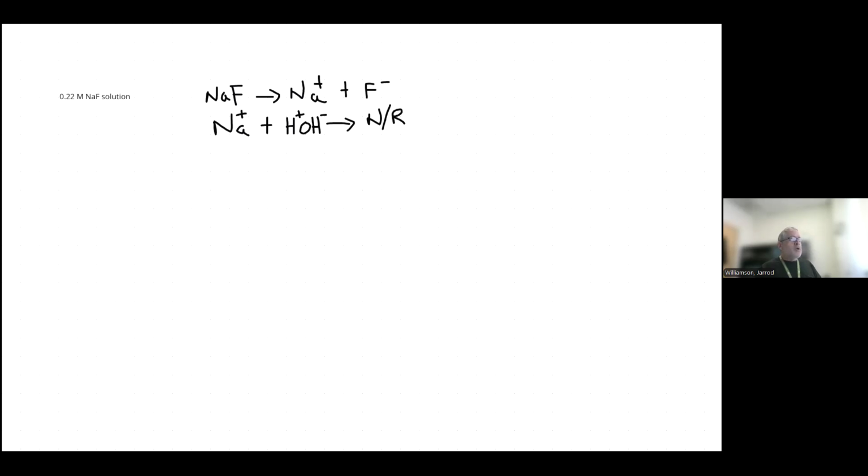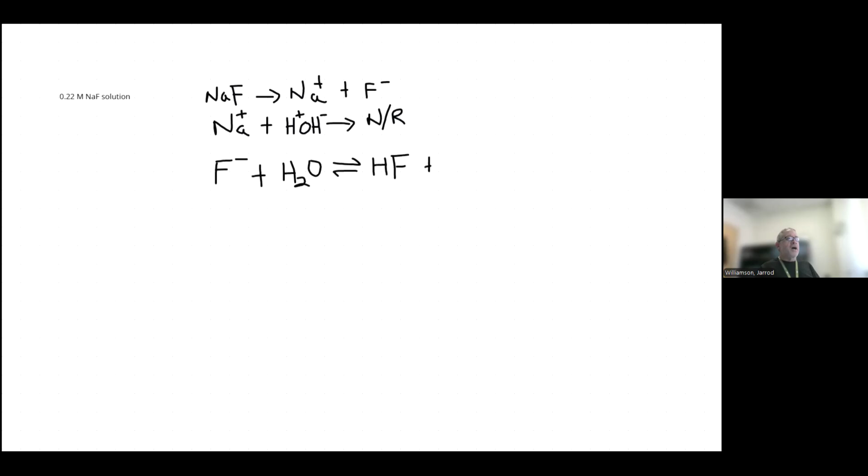So sodium is a spectator ion. But when we put sodium fluoride in water, the fluoride will react with the water, right? And it will make the weak acid hydrofluoric acid plus hydroxide ion.